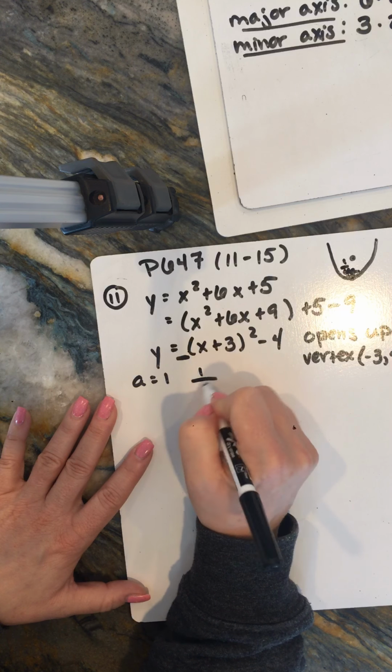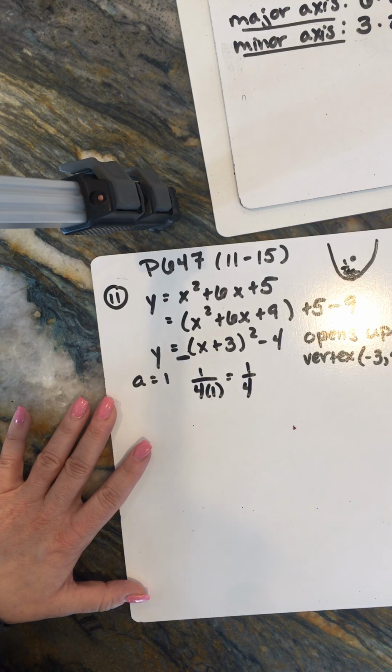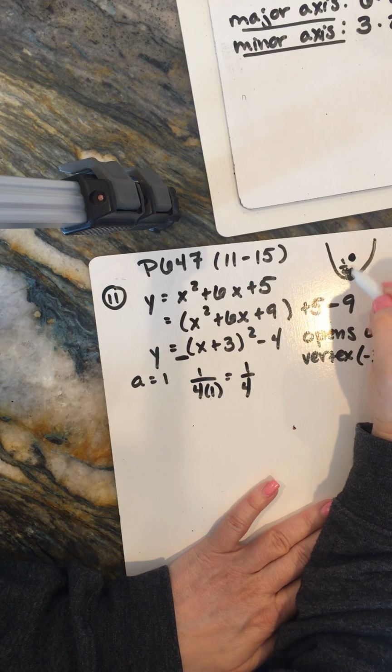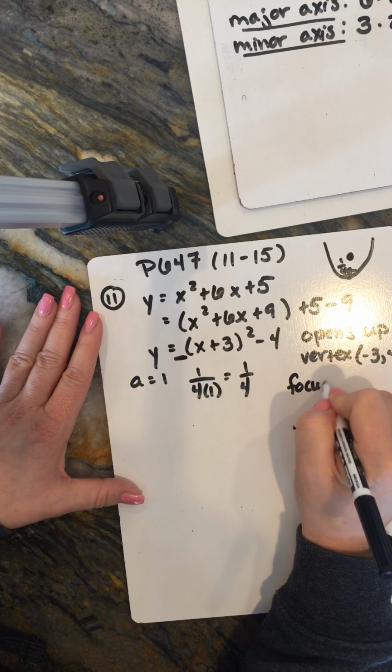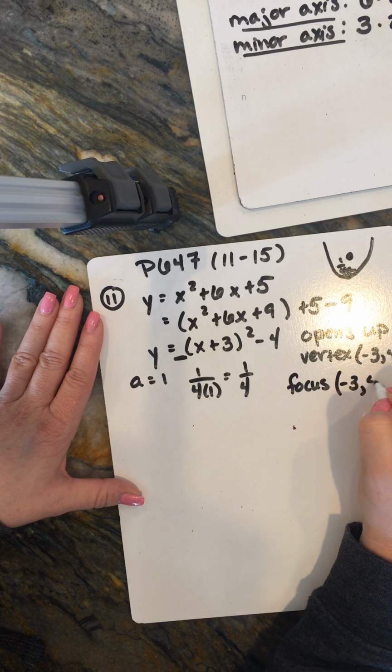So 1 over 4 times 1 equals 1/4. So since this opens up, our focus is going to be up 1/4. So the focus, the x-coordinate does not change. The y-coordinate is -4 plus 1/4, or -3 3/4.